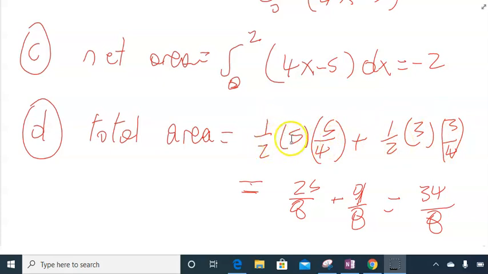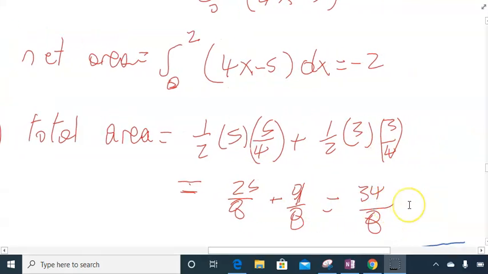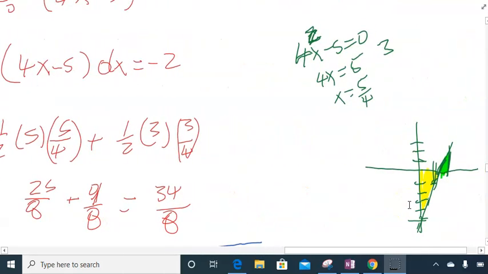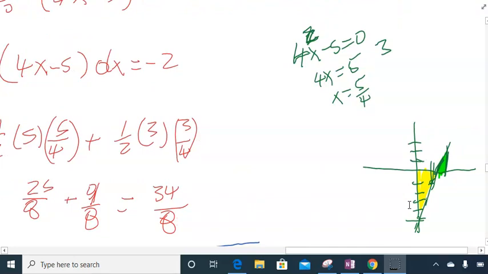That's 1/2 times 5 times 5/4, plus 1/2 times 3 times 3/4, which is equal to 25/8 plus 9/8 equals 34/8. And so for a sketch of these triangles, you can look at the points.